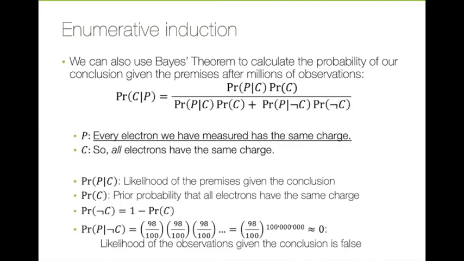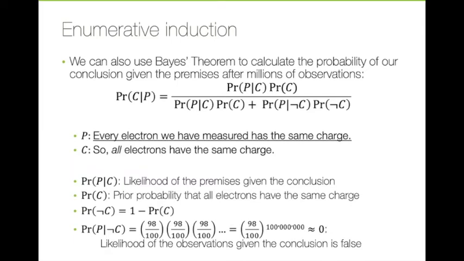However, it's now been over 100 years since those initial experiments, and in that time, scientists have actually run over 100 million measurements that show no variation in the charge of electrons. So again, we're going to try to calculate the probability of the conclusion given the premises.